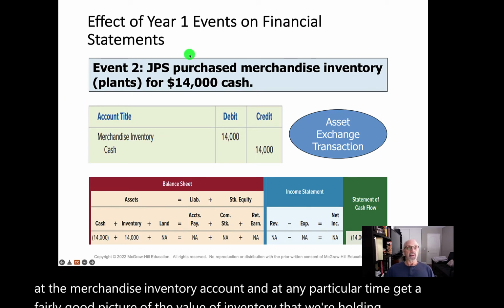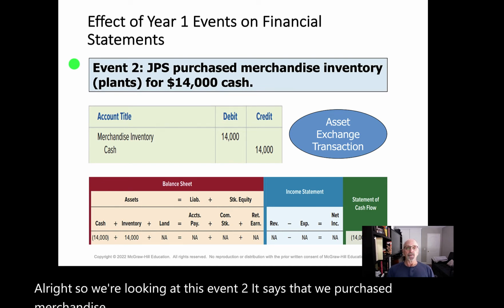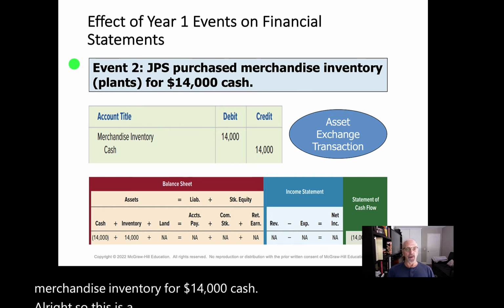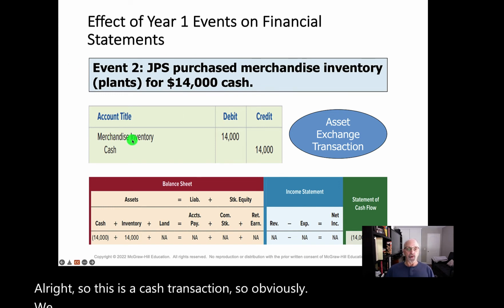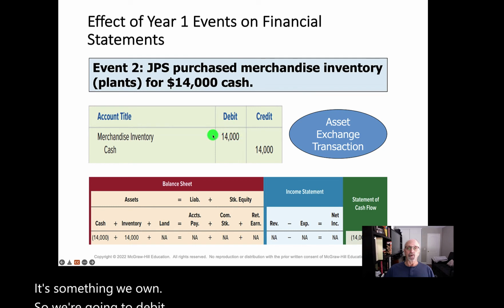All right, so we're looking at this event number 2. It says that we purchased merchandise inventory for $14,000 cash. All right, so this is a cash transaction, so obviously we purchased merchandise inventory. Merchandise inventory is an asset. It's something we own. So we're going to debit merchandise inventory for 14 grand.